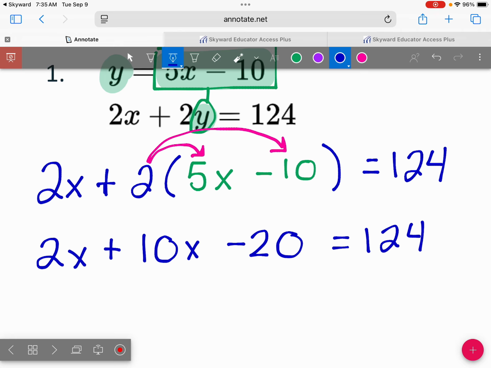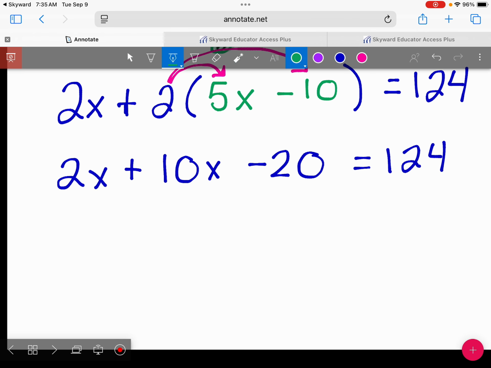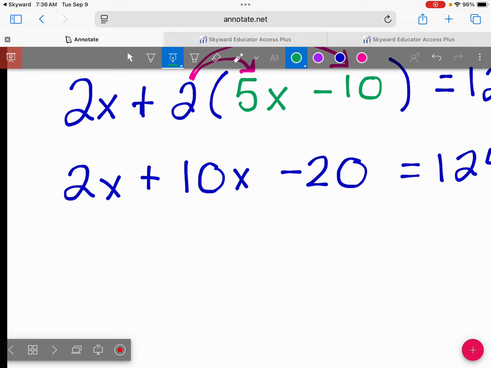Now what should we do? What should we do next? Combine like terms.